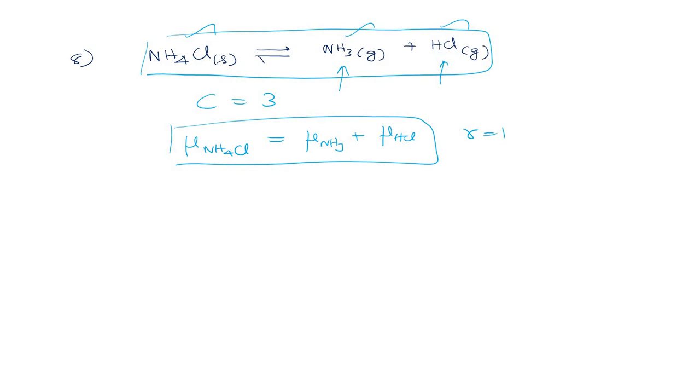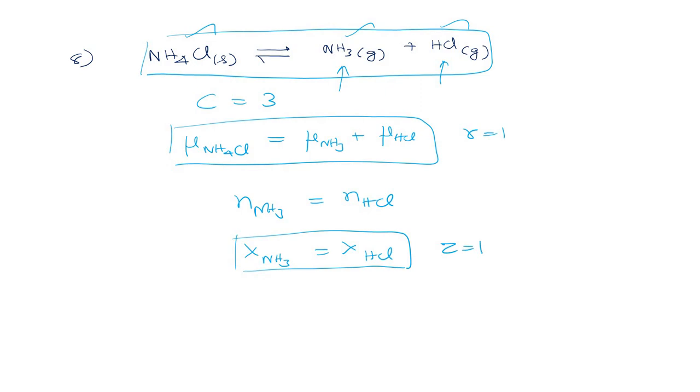When products are gases, we can write that number of moles of ammonia should be equal to number of moles of HCl. Therefore if you divide both values by total number of moles, we can write mole fraction of ammonia equal to mole fraction of HCl. So we get an additional condition, that gives you Z value as 1.